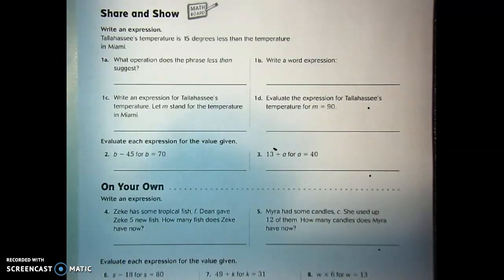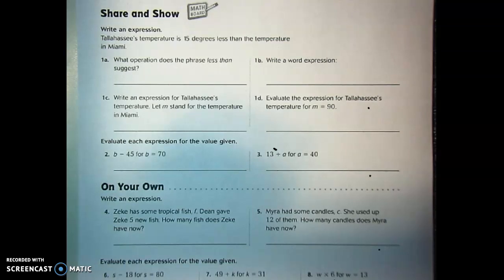Okay, we're going to go to the next page, page P274. This is the back of your worksheet. And it says Tallahassee's temperature is 15 degrees less than the temperature in Miami. What operation does the phrase less than suggest? I want you to stop your recording and tell me, is it addition, multiplication?